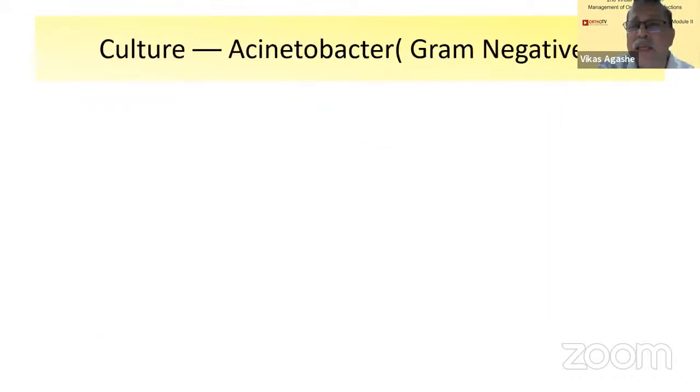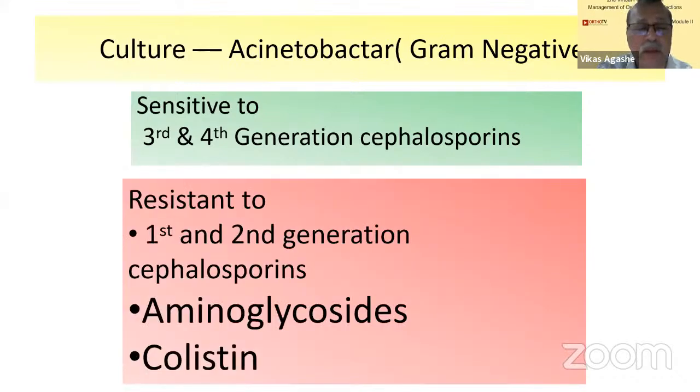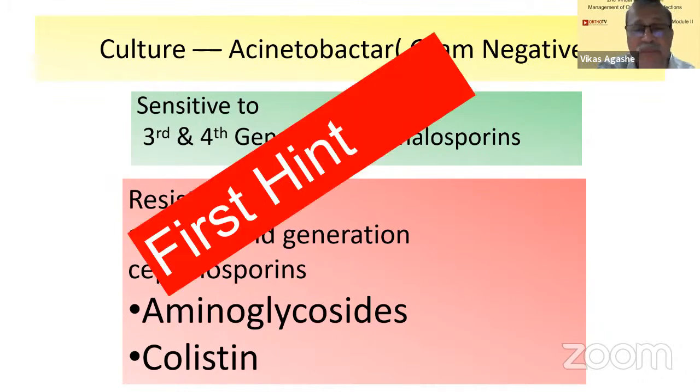Culture was Acinetobacter, which was sensitive to 3rd and 4th generation cephalosporin, but resistant to cholesterol. So this is a first hint to solve this puzzle.